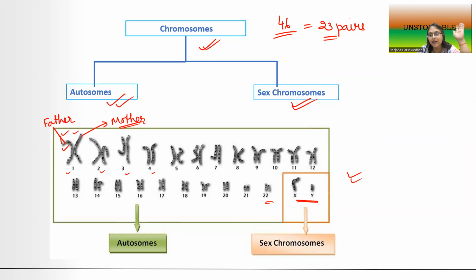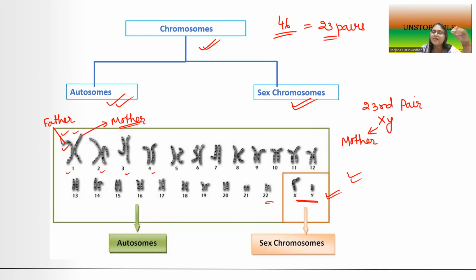So now take a look at the last pair, the 23rd pair, which is called the sex chromosome. In this particular diagram, you can see that it is made up of X and Y chromosomes. So this X chromosome must have come from the mother. Why has it come from the mother and not the father?